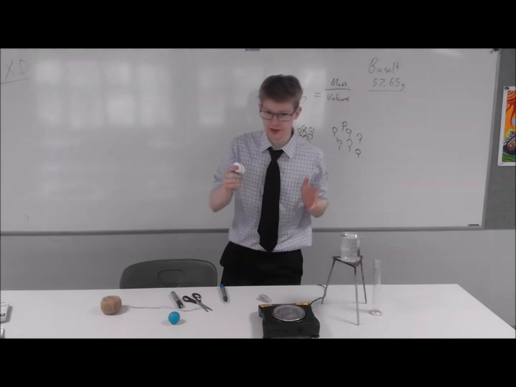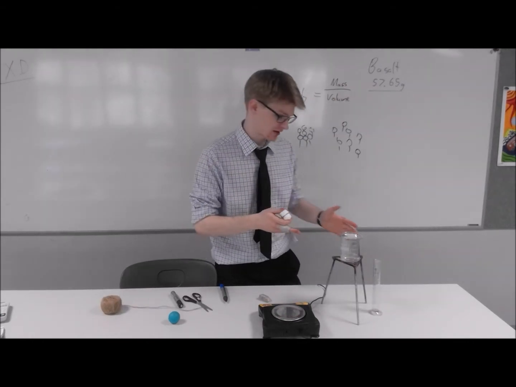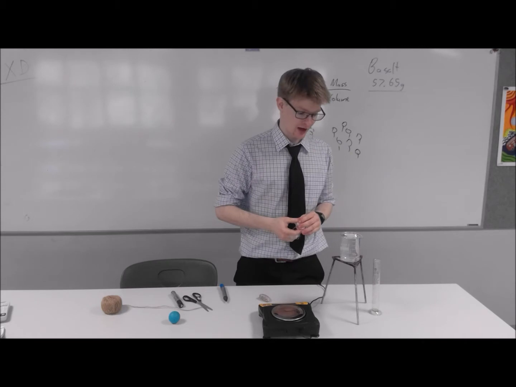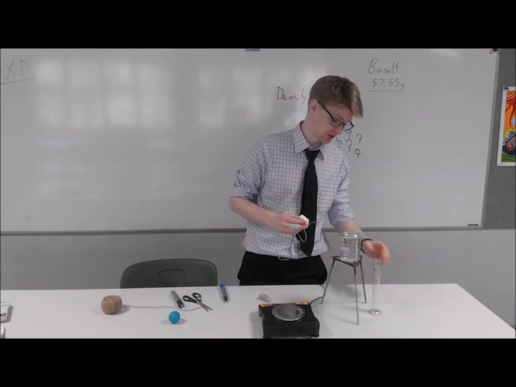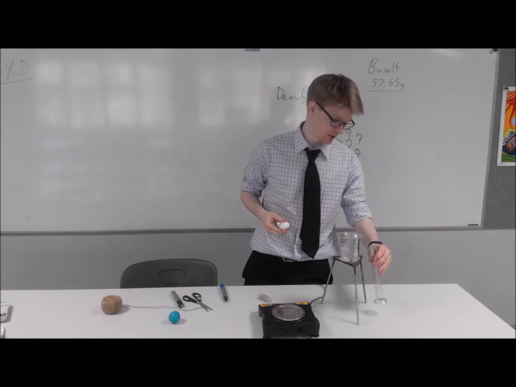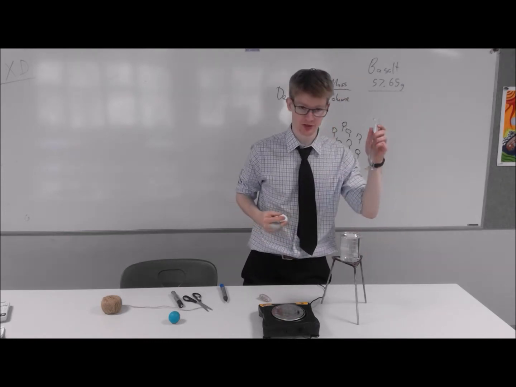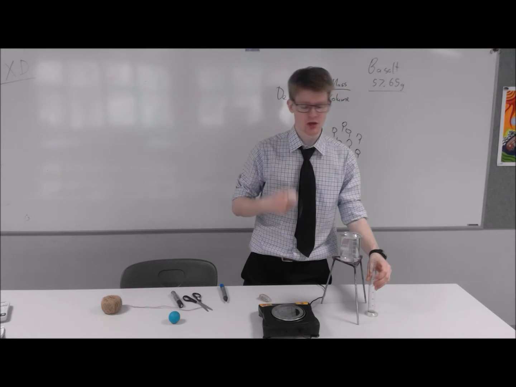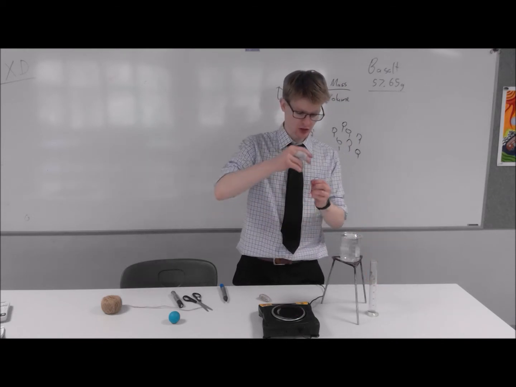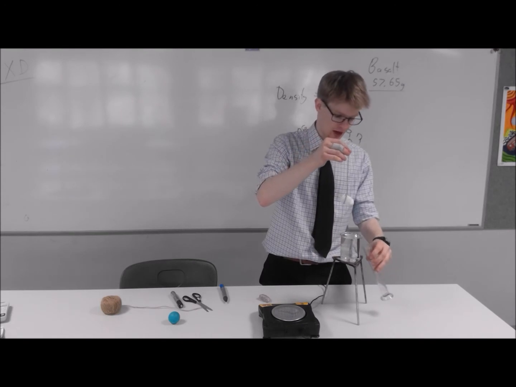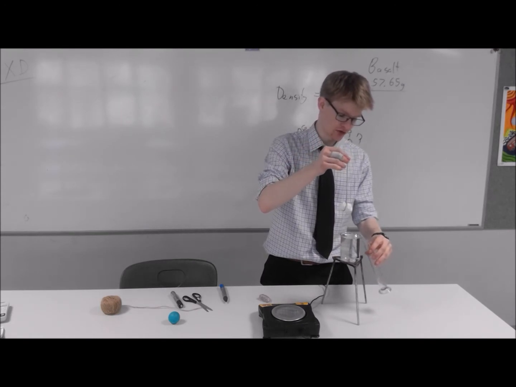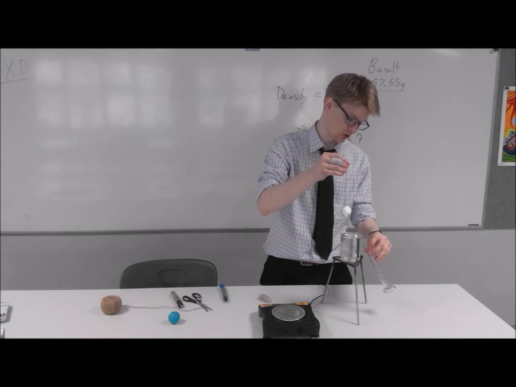Oh, come on. Okay, in my first attempt to measure the volume of this rock, it didn't go well because I wasn't able to drop the rock in slowly, and so all the water kind of just poured out, and I wasn't able to catch it in the measuring cylinder. What I'm going to do now, I'm going to lower the rock in slowly because I've now tied it to the rope, and I'm going to hold the measuring cylinder here to try and catch all the water.